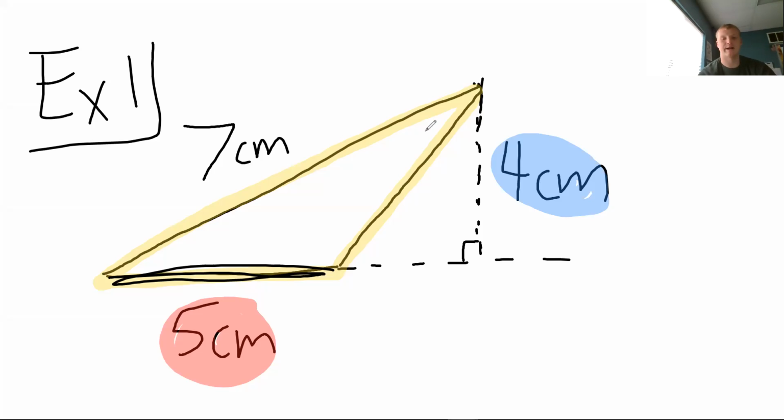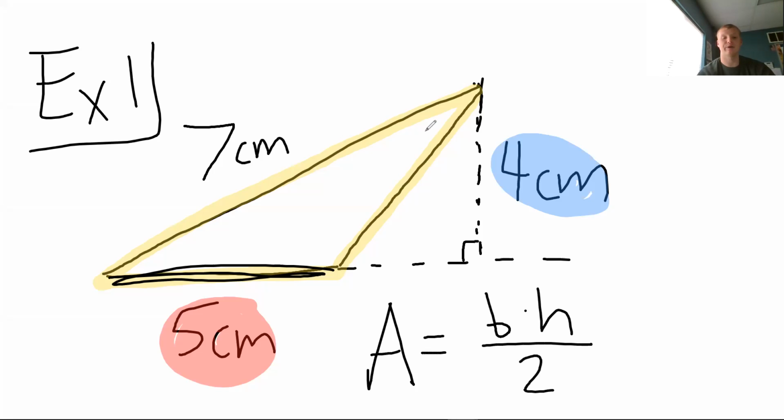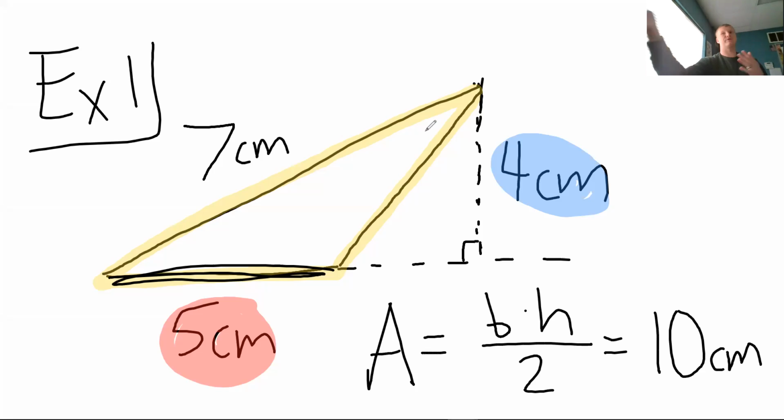So if I were to write it out like area equals base times height divided by 2, all you would have to do is say 5 times 4 divided by 2. It's going to be 10. So some people like it this way better. I'm okay with you doing it either way. Some problems it's easier to do it with the other equation. Some problems it's easier to do it this way.